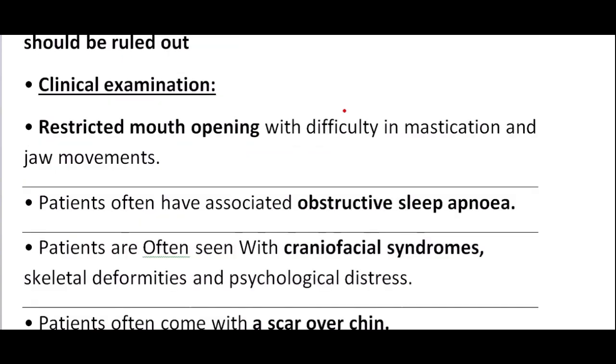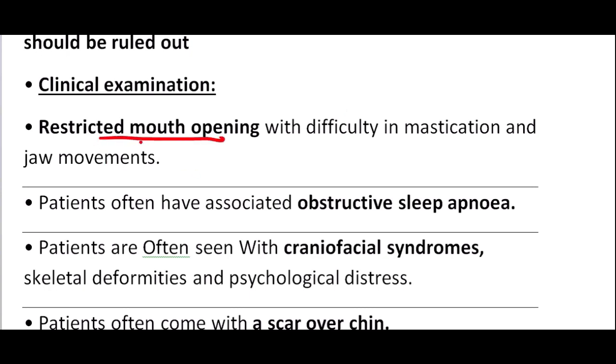The clinical examination involves imaging studies like X-ray, CT, MRI that can be done. The clinical examination of patients suspected of having ankylosis involves assessing the various signs and symptoms related to the clinical findings.